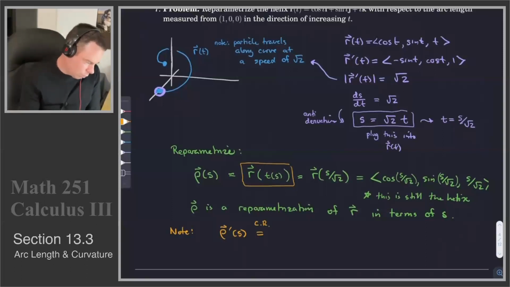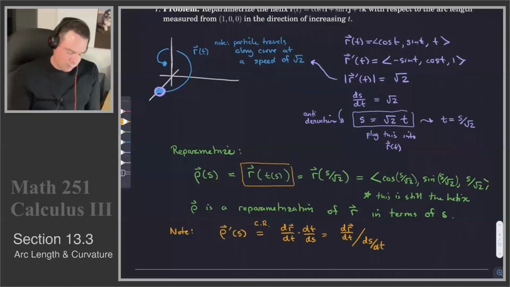So I can use the chain rule. It's the derivative of the vector function r with respect to t times the derivative of t with respect to s. And that's the derivative of r with respect to t over the derivative of s with respect to t. So I'll move that dt ds downstairs as its reciprocal.